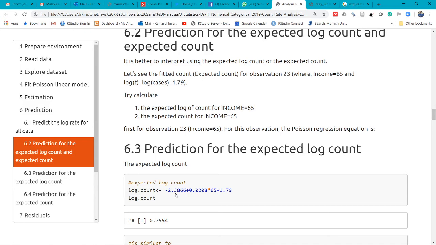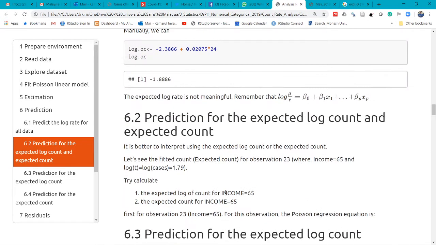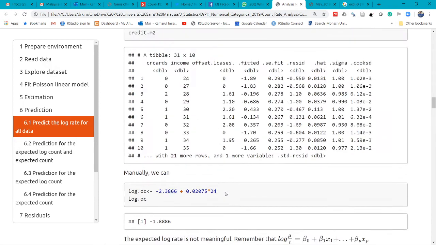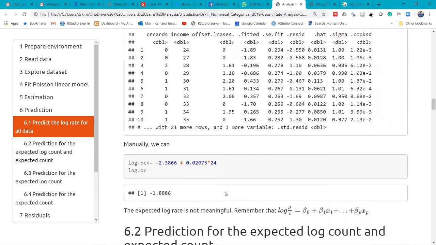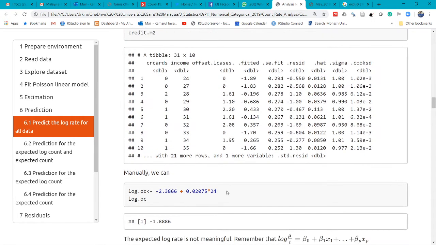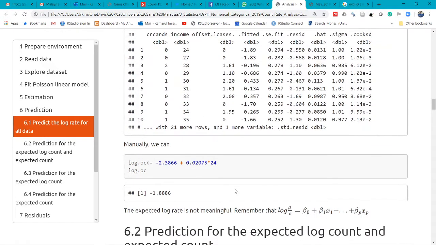If you want to predict the log of count, use the same equation, but you have to... I think you missed something here, right? So this should be the offset. Offset is 0.